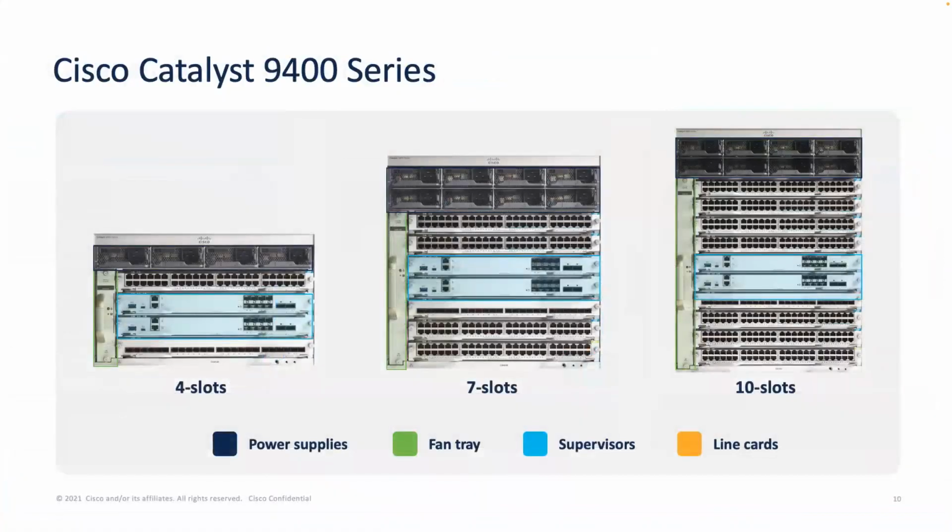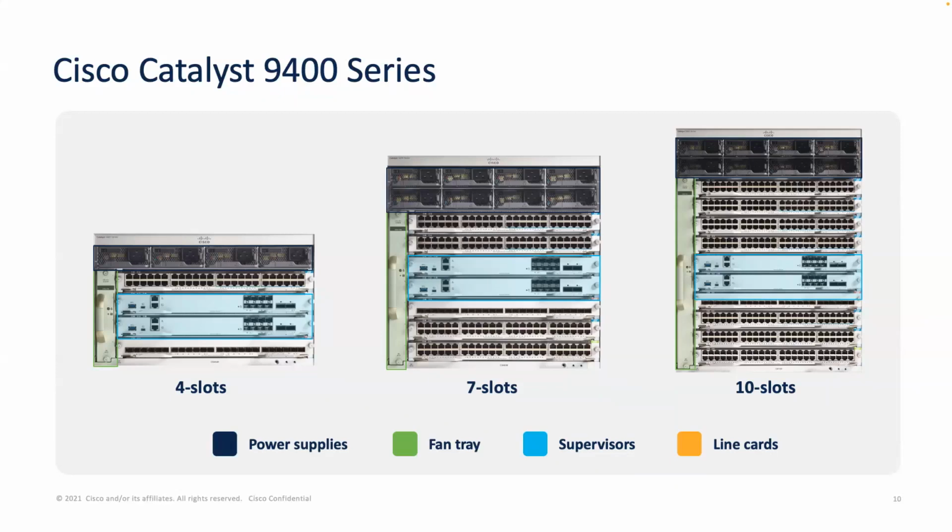And next one, let's come to the 9400. Basically, the 9400 is a modular switch and very much like the 4500. Actually, it's the next generation of the 4500. Okay, it has 4-slot, 7-slot, and 10-slot chassis, as you can see from this slide. Each of those chassis has 2 dedicated slots for the supervisors. Those cannot be used for LAN cards.